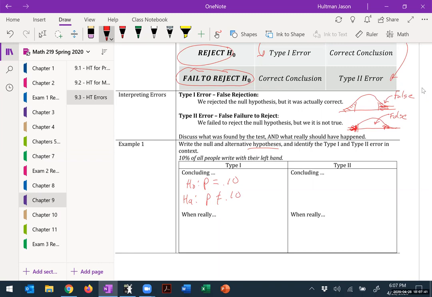For a type 1 error, we would falsely reject the null. We would actually reject when we shouldn't have. It was actually true that this 0.10 was correct, but rejected.